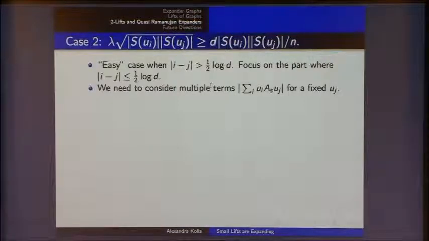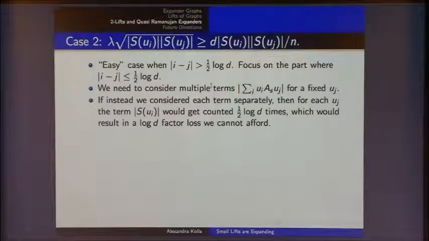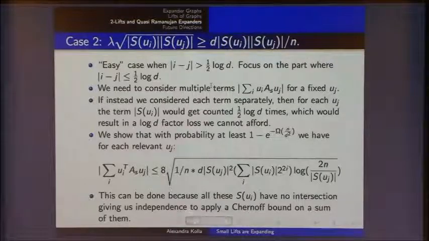And again, if we didn't use this sum, then each term would be counted log D times, or half log D times, and then we would get a log D factor of loss. And this is the second ugly thing, or beautiful, I guess, thing that we get for this case.